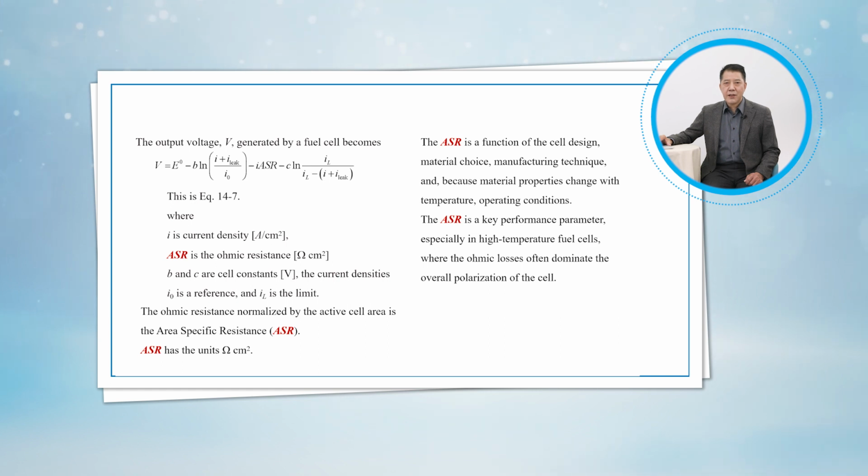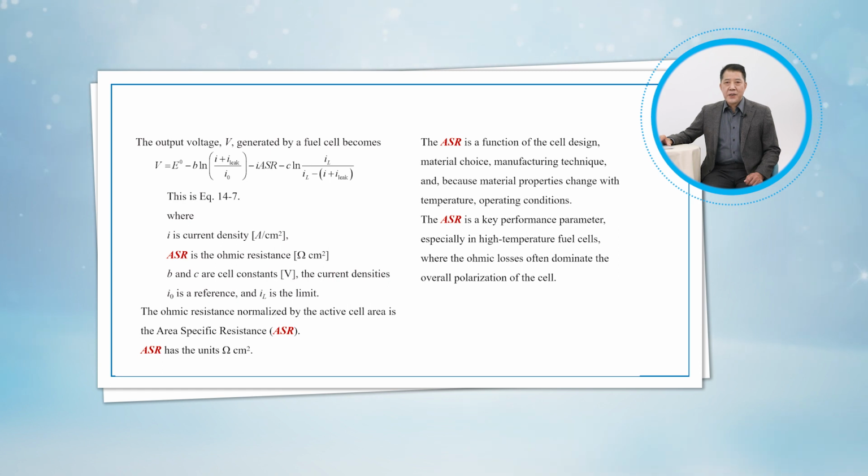Given a certain cell design and operating temperature, the bulk material contributions to ASR can also be calculated. Based on the detailed cell geometry, the lengths of both the ionic and electronic current paths and cross-sectional areas for current conduction can be measured.